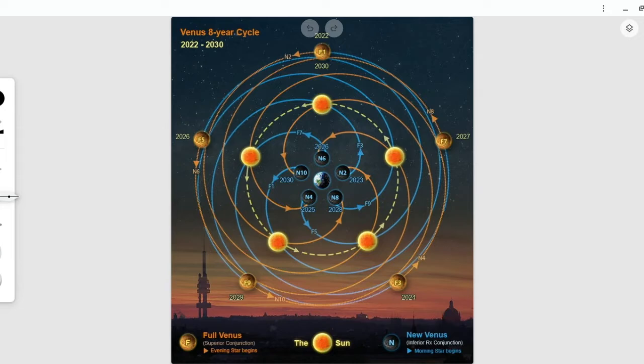And something to point out too is that Venus has an 8-year cycle. So when she makes a conjunction with the Sun in a particular sign, generally she will return back to that same sign in 8 years. It'll be at a slightly different degree. But of course, over time, she's going to switch into a new sign.